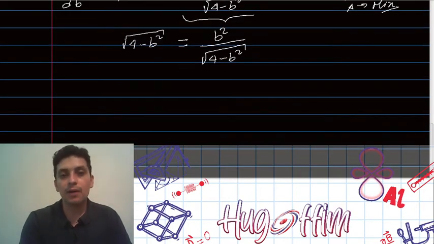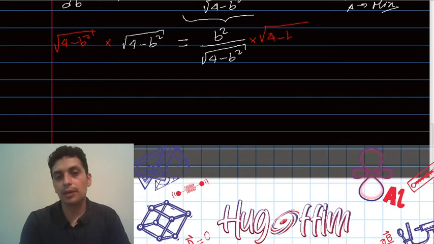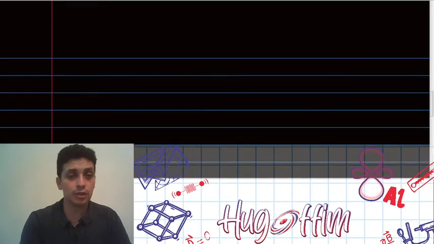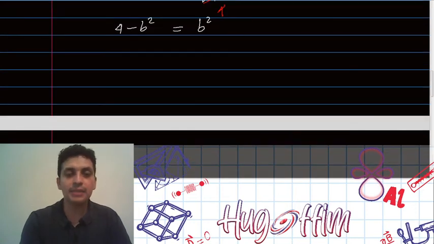Okay, now I can multiply by root of 4 minus b squared. So simplify it here, and now what I have is that this is to the second power, so it will be 4 minus b squared equals b squared. Okay, and basically we just can add b squared.